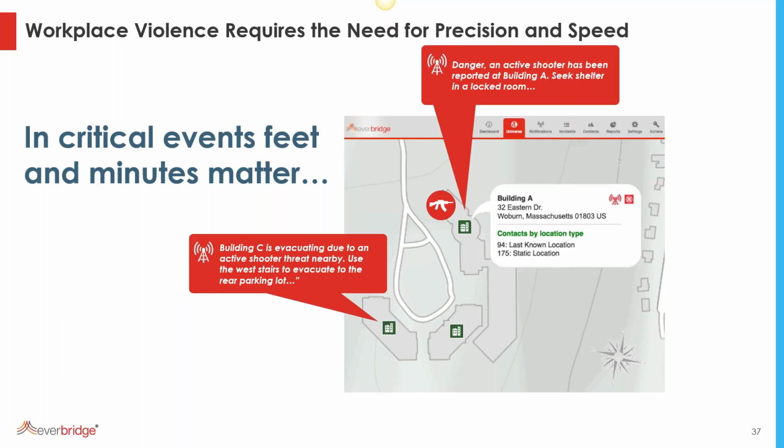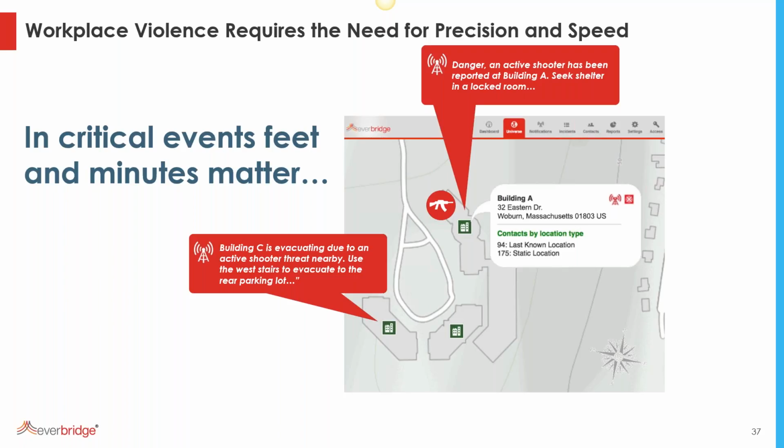Now, when an active shooter happens, I don't have a lot of time going between different systems, looking into my access control systems, looking into my communication systems, and figuring all of that out. I need a single pane of glass where I can take a quick look at my building and see how many people have a static location and how many people have a last known location.